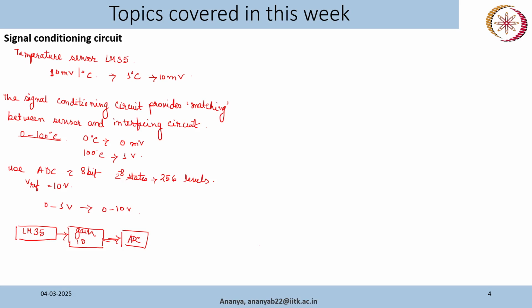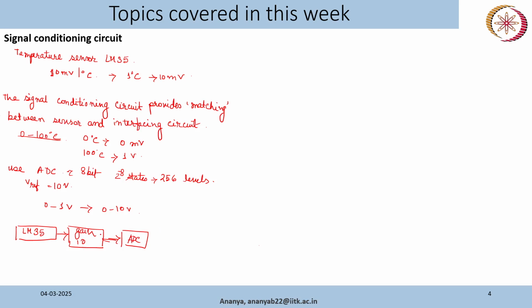Sometimes we use a filter circuit to filter out the noise. That is also one component in a signal conditioning circuit, but as of now we are considering that there is no noise in the output of our sensor, and we are just directly increasing the gain of our output.